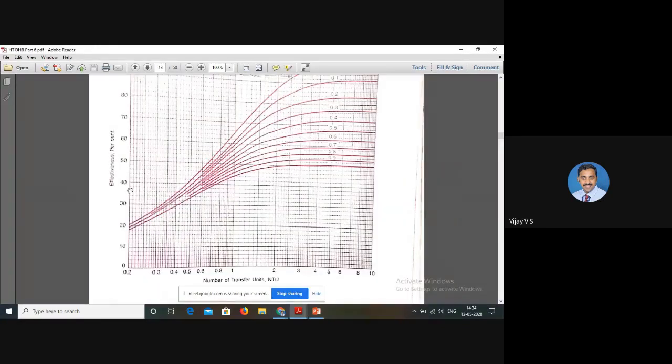So somewhere here, this line and 44%. If I come down, I will get around 0.64 or 0.65, something. That is the NTU.